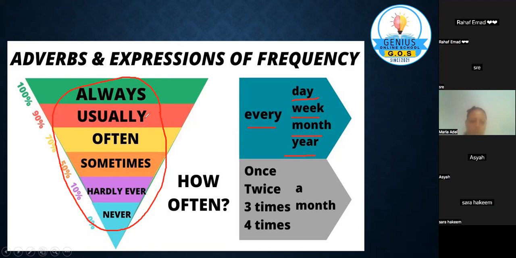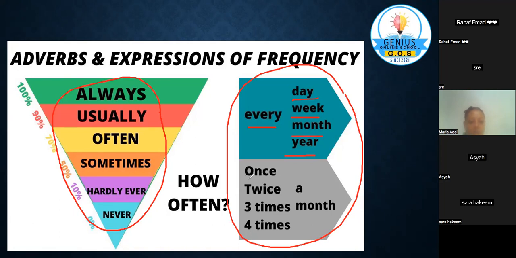But always, usually, often, sometimes are a percentage of the verb. And all of these frequency expressions come at the end of any sentence. Every day, every week, every month, every year come at the end, but always, usually, often, sometimes, hardly ever, as we know, come before the verb or after verb to be.